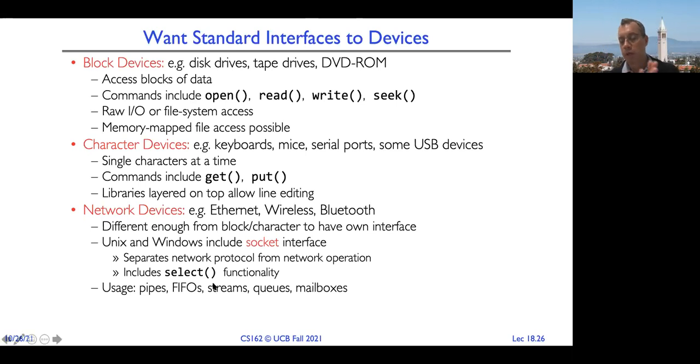Select is when you are going to listen for connections from multiple computers. We are going to learn more about that. But these are the three standard interfaces provided by the operating system, and each of the devices falls in one of these categories: block device, character device, or network device.